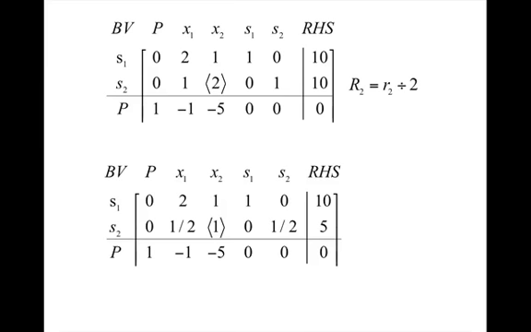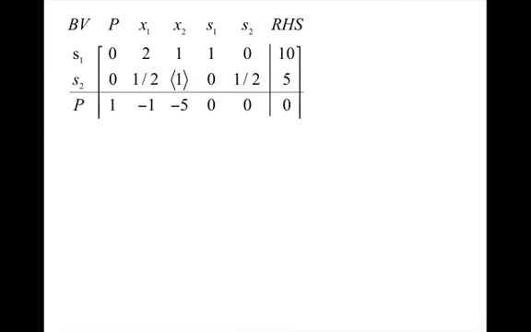Next, I'm going to make the 1 become a 0 and then the negative 5 become a 0. To make the 1 become a 0, I'm going to change its sign and say negative 1. I'm going to multiply that by row 2 because row 2 contains the 1 that's my pivot element. And then I'm going to add that to row 1 because that's the row I want to change.